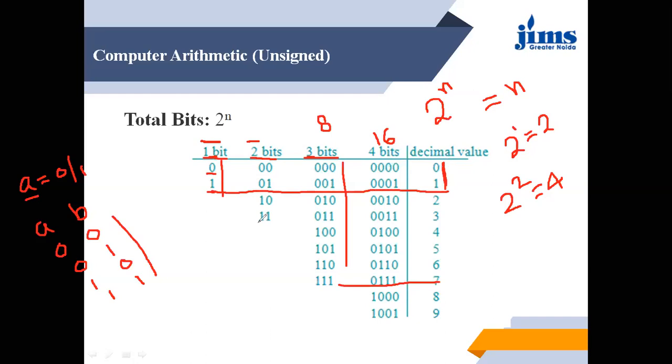When I have a 2-bit number, I can write a value from 0 to 3. So this is the way to find the range of values of a number when I know the number of bits in the binary number.